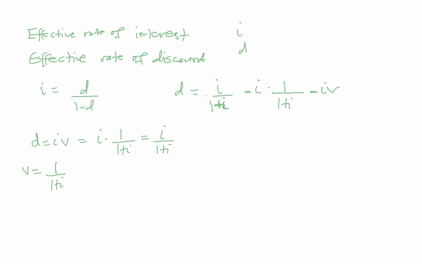All right. So you can look at the other relationships. We have d equals 1 minus v, see how they relate, and then i minus d equals id. You can do your algebra on these things, see how they link to the other relationships.